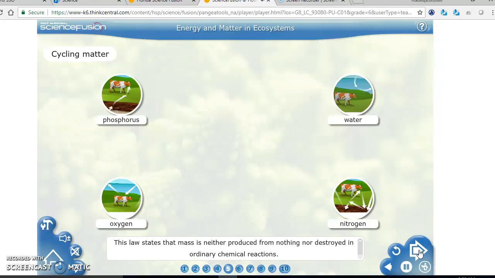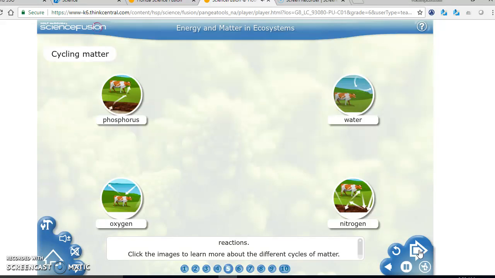That's what the law of conservation of mass tells us. This law states that mass is neither produced nor destroyed in ordinary chemical reactions, as the cycling of matter in ecosystems is all about ordinary chemical reactions. Click the images to learn more about the different cycles of matter.